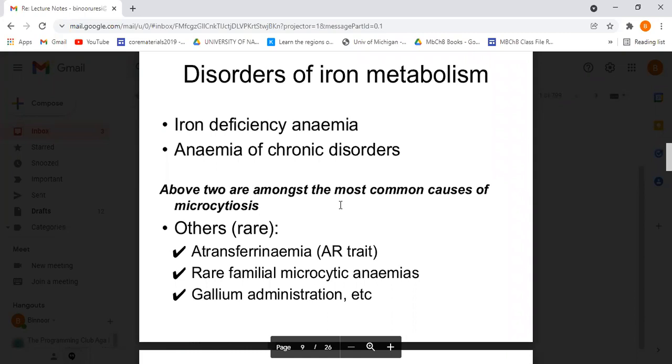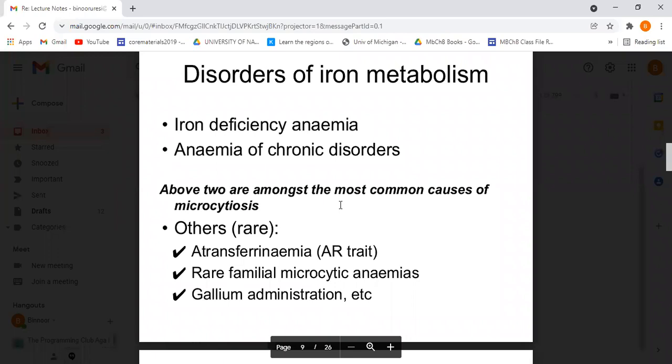That's one cause. Or anemia of chronic disorders, which means that a person has been sick for a long time, so they're not able to utilize the iron that they eat from the diet, for example. So those are the common causes of iron metabolism disorders. So the above are amongst the most common causes of microcytosis.